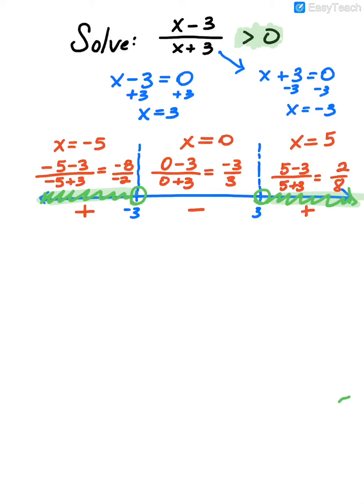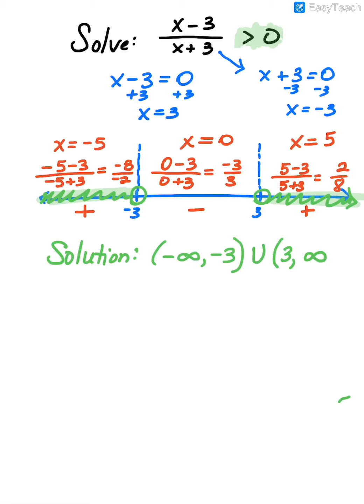When we write our solution set in interval notation, from the left, we start at -infinity, and then we stop at -3, and we do not touch it, so we close with parentheses. Then we put a union, and the other part of our solution set starts at 3 but does not touch it, and then continues to infinity. So that would be our solution set.